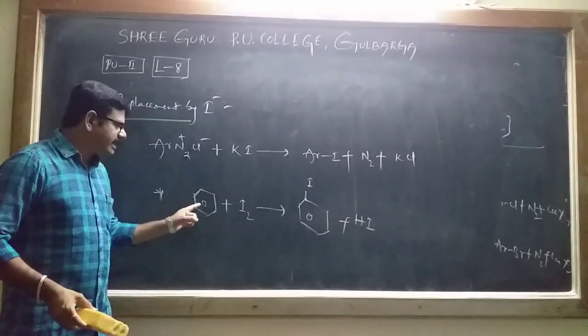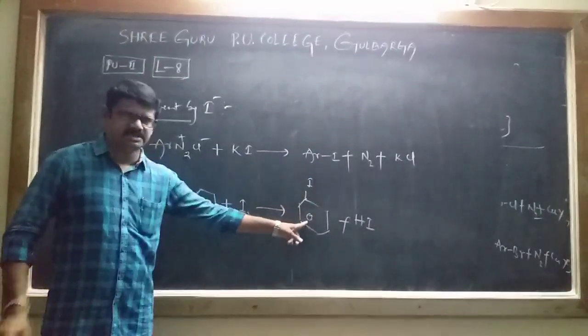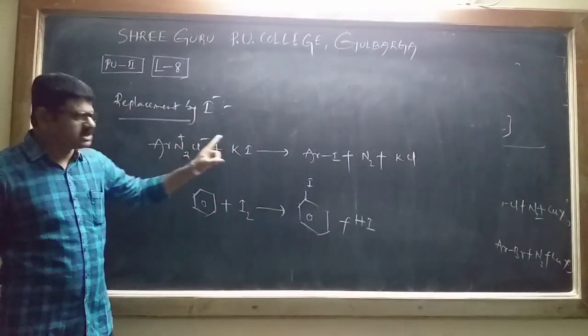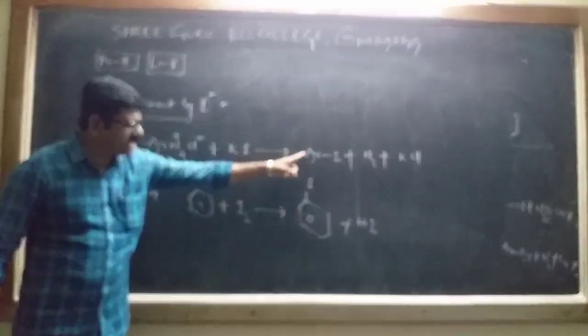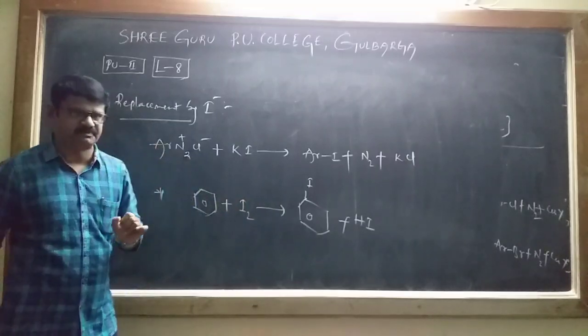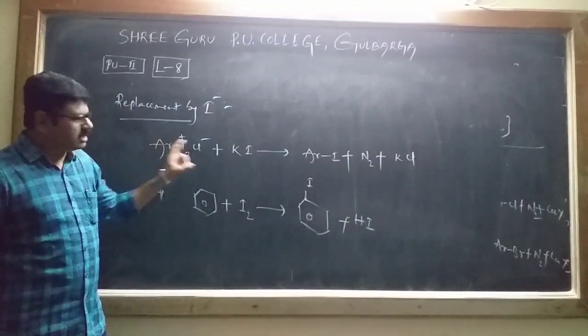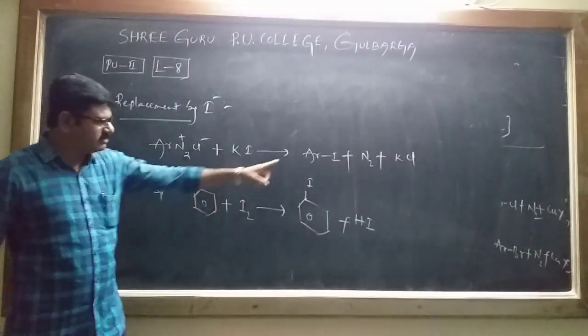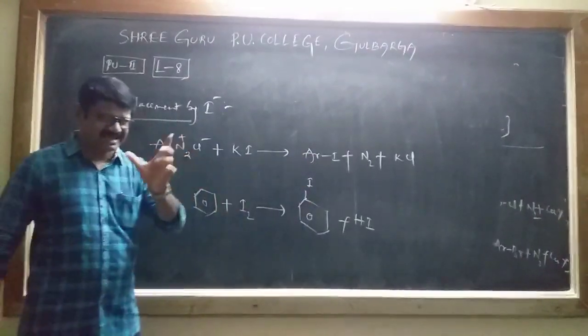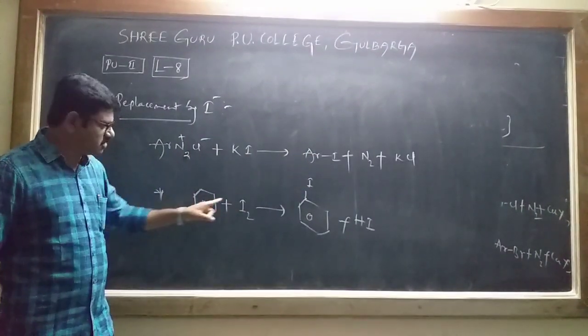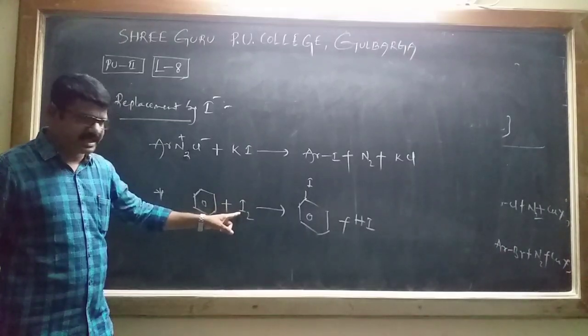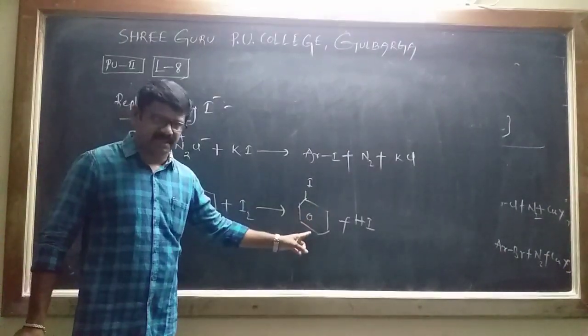Means direct iodination gives iodobenzene. With the diazonium salt, when reacted with potassium iodide, we also get iodobenzene. Both are the same only, remember once again.